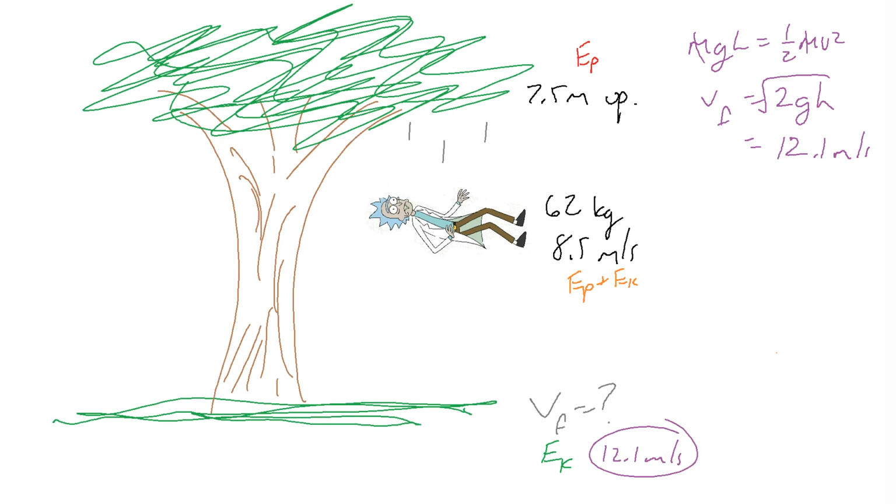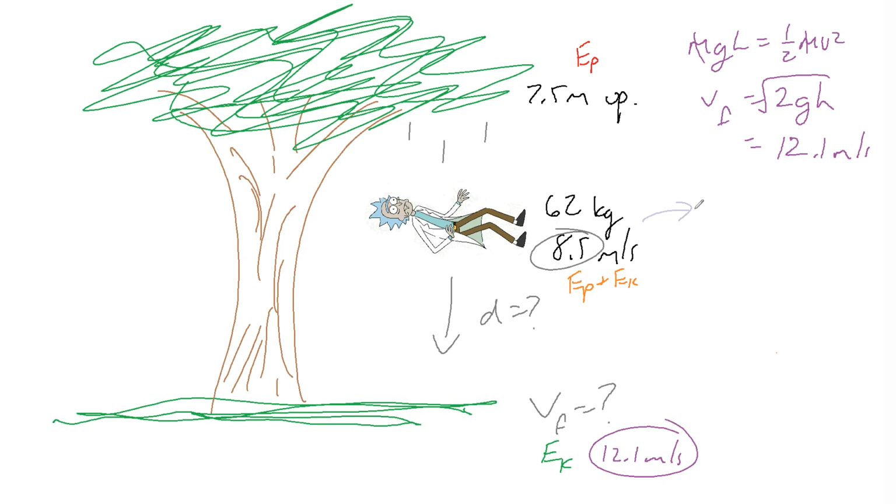Let's find out the distance he has traveled. So how far is he off the ground at that location when he's going 8.5 meters per second? Okay, well, there's a couple ways we can do this. I have his mass, I have his v, so I can find his kinetic energy at that location.